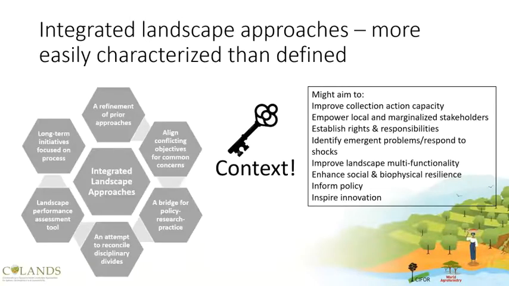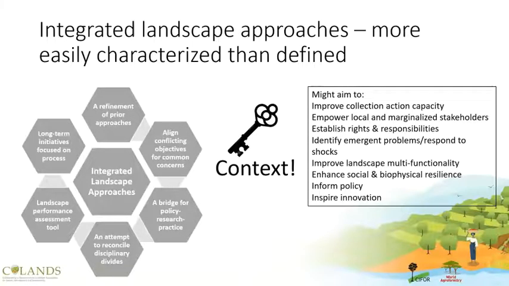And that's why within our team, what we tend to say is that integrated landscape approaches are more easily characterized than they are defined. Because there's so many different elements to incorporate, you can't really fit that into a nice single sentence definition.